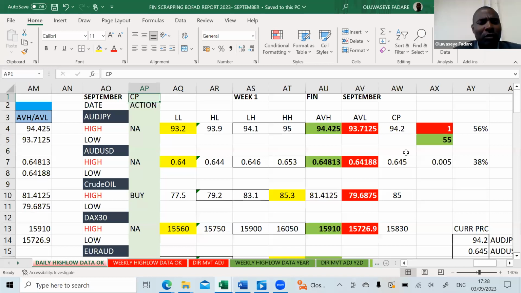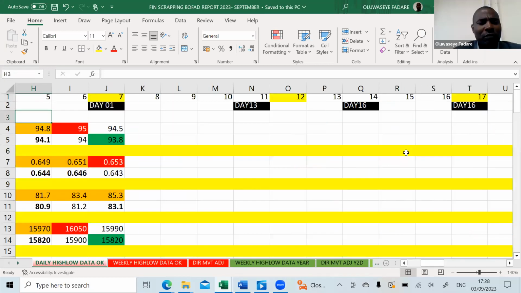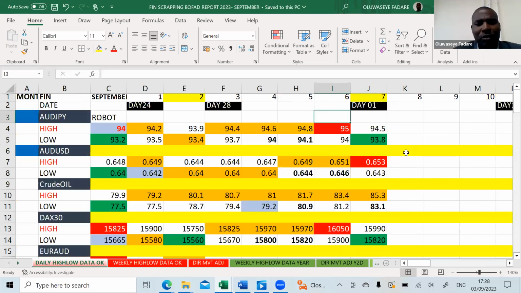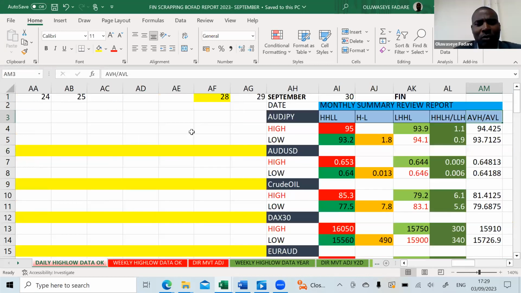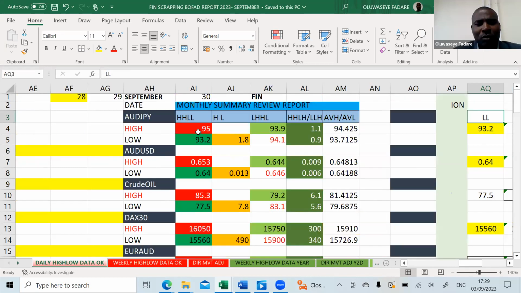You can see here that from all the reports being gathered from this position, the template has been able to summarize them. So how does the template summarize them? Here we have the highest of the high in red, and in green we have the lowest of the low. That's why you have the HH and the LL.